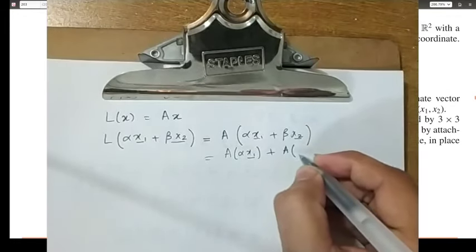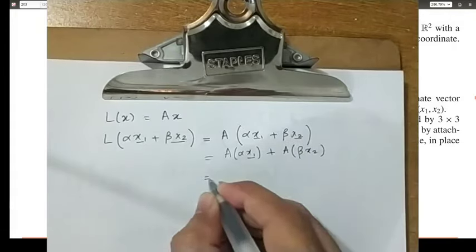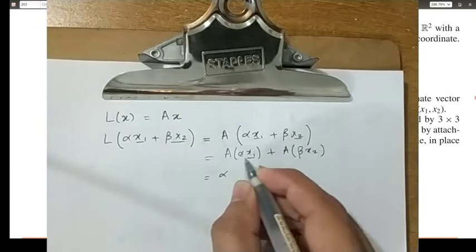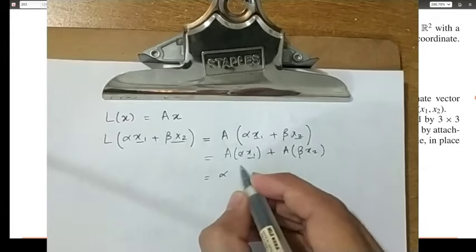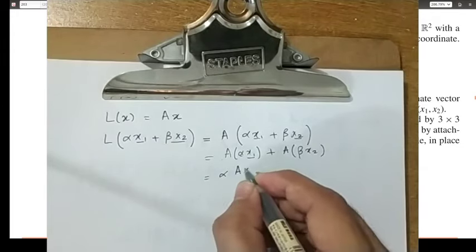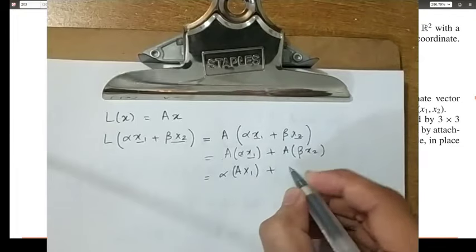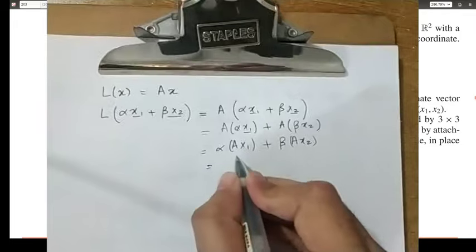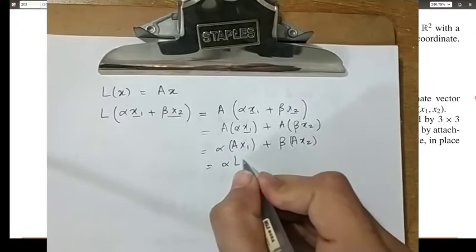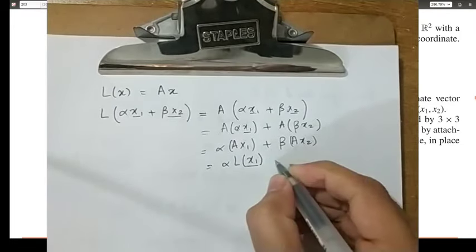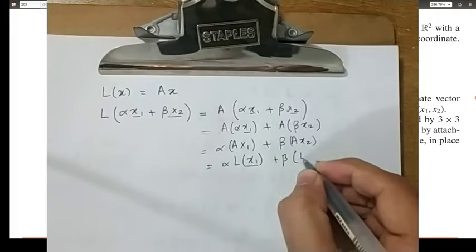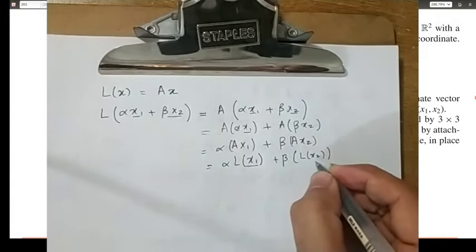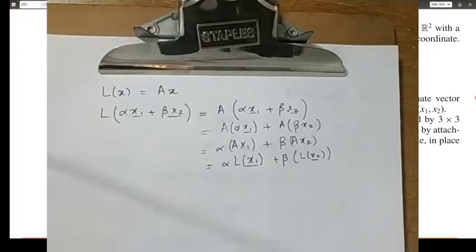You can take the scalar multiple outside and bring in the matrix vector product, alpha A x1 plus beta A x2. And you can, of course, replace this by alpha times the linear transformation of x1 plus beta times the linear transformation of x2. So it's as simple as that, showing that every matrix vector product will give you a linear transformation.